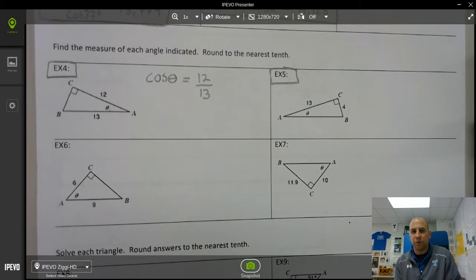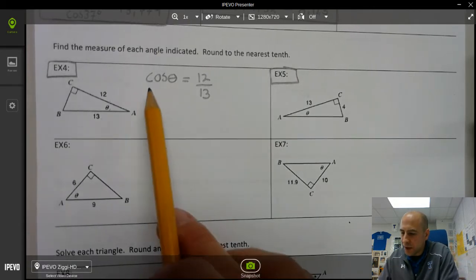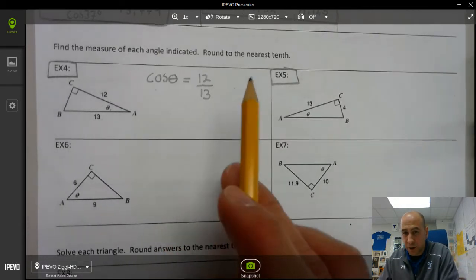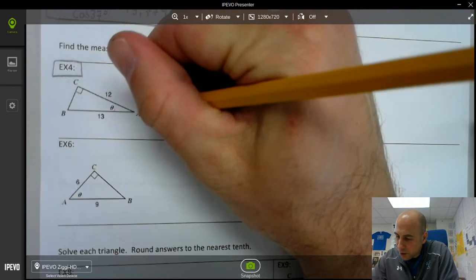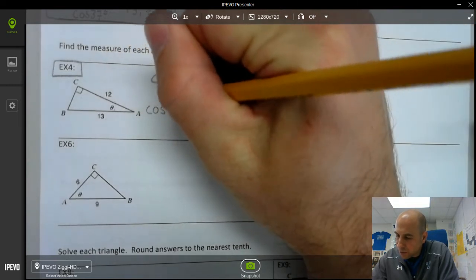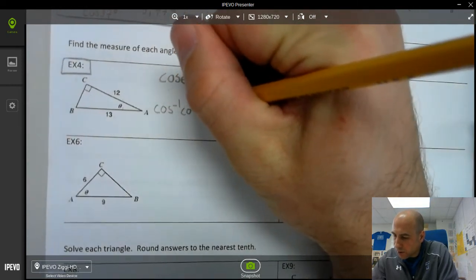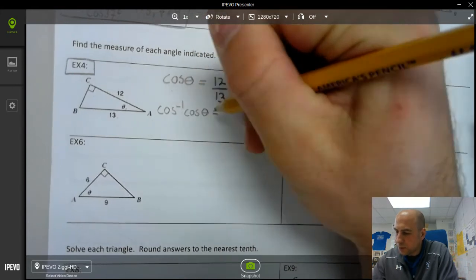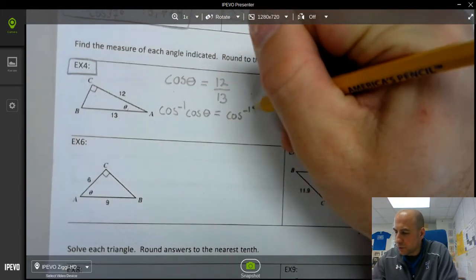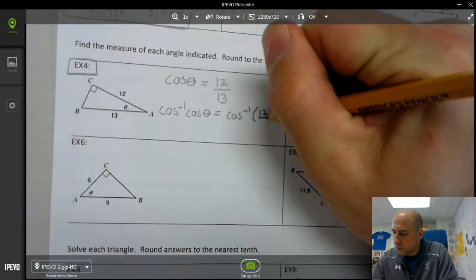What you're going to do is take the inverse of both sides. So that's cosine inverse of cosine theta equals cosine inverse of 12 divided by 13.